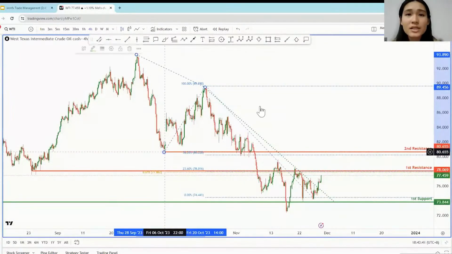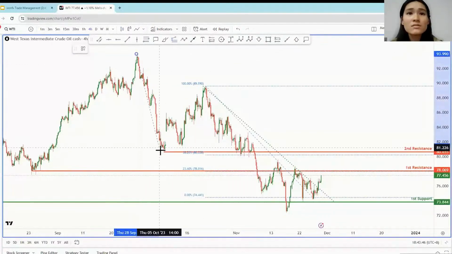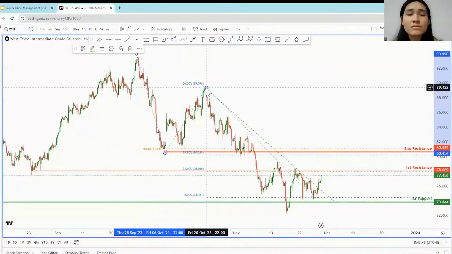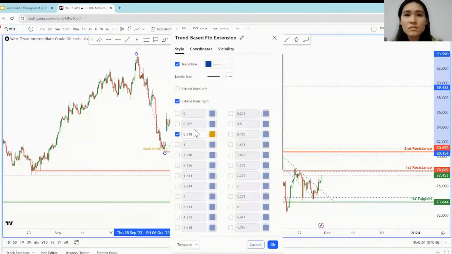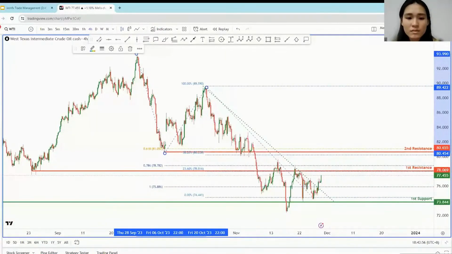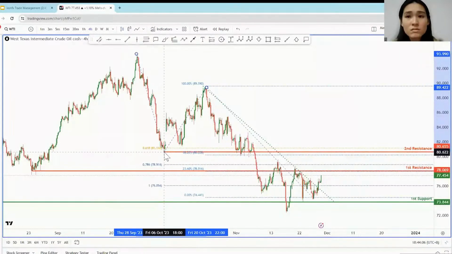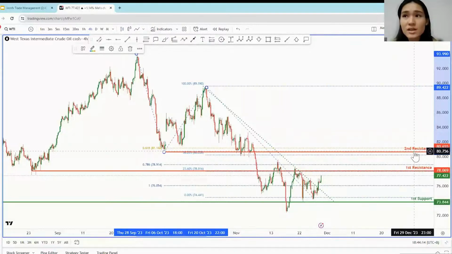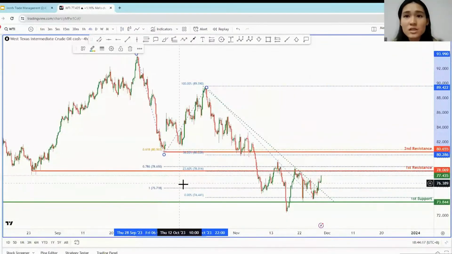Okay, and we can see that my 61.8 lines up with my second resistance.